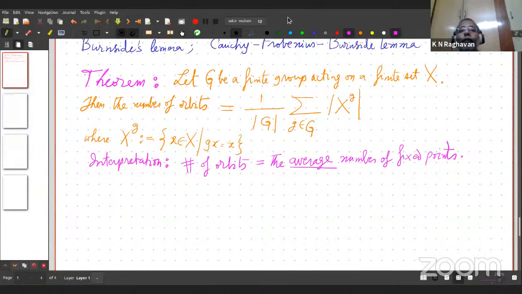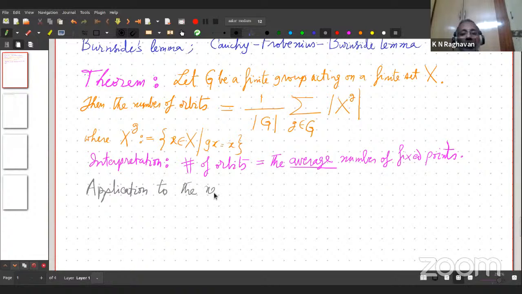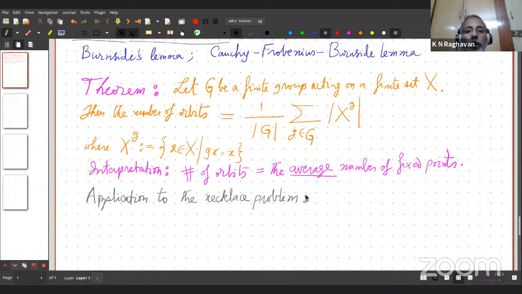So let's apply it. Application to the necklace problem. So recall the necklace problem that we started out with. We wanted to solve this problem, and now I claim we can solve it by applying this lemma or theorem, as I've called it.